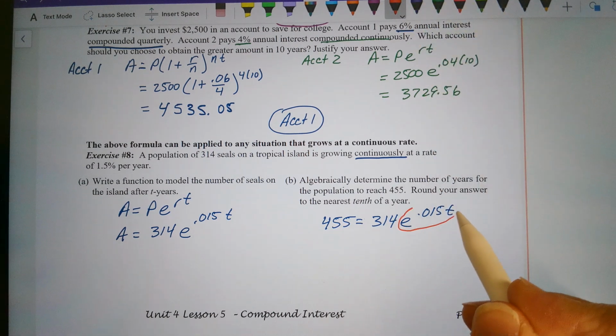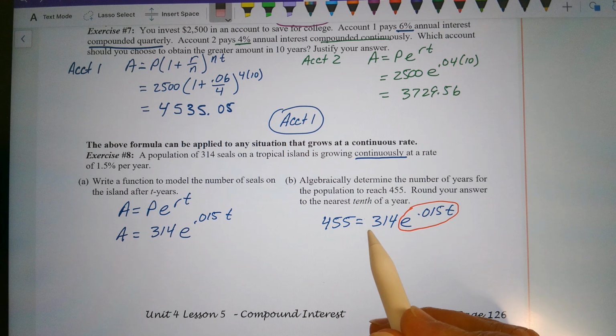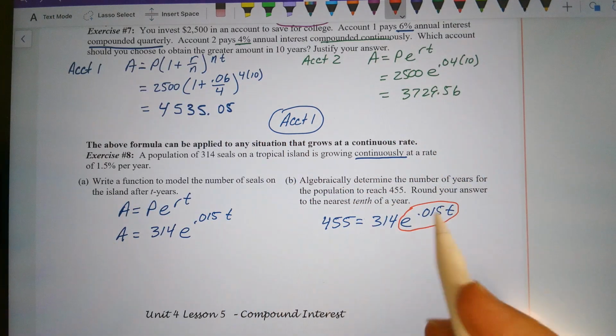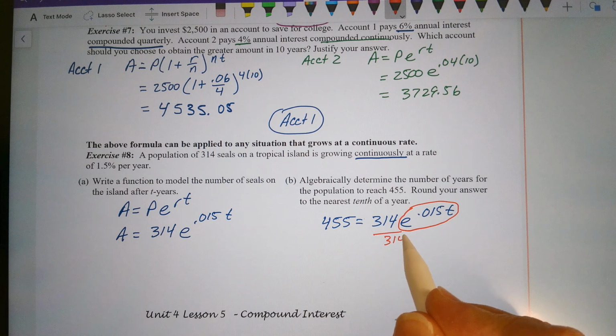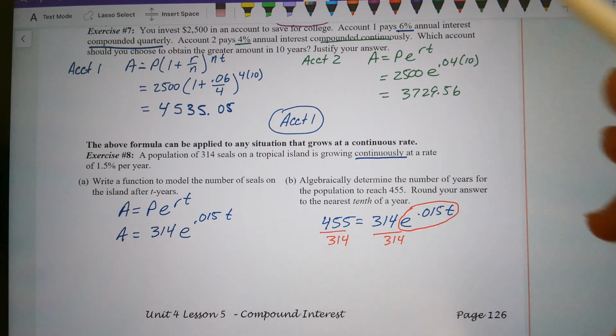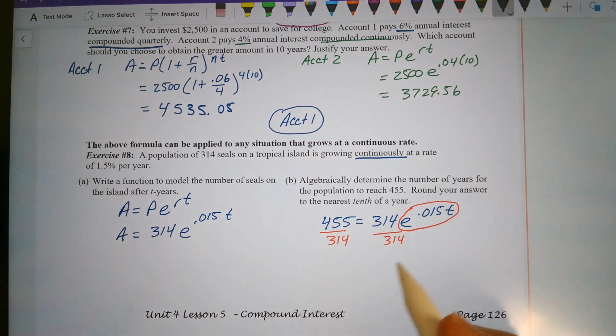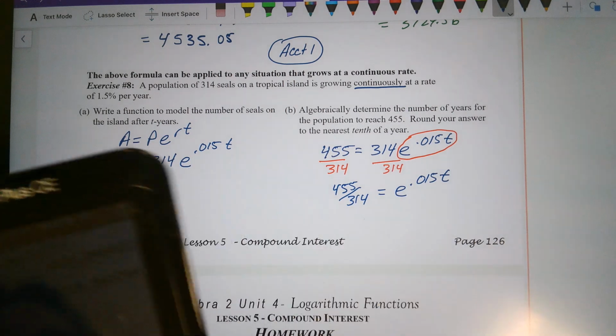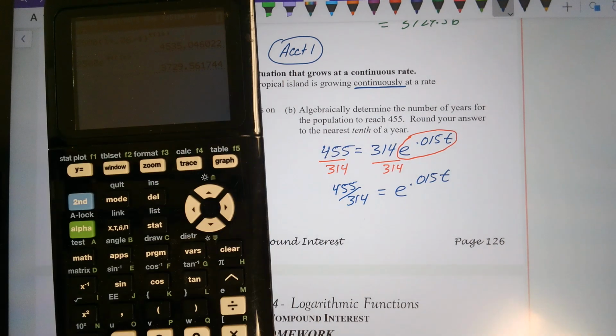A variable is part of an exponent, so we want to get that base and exponent by itself. I'm just going to leave that. Now we'll switch to log form.